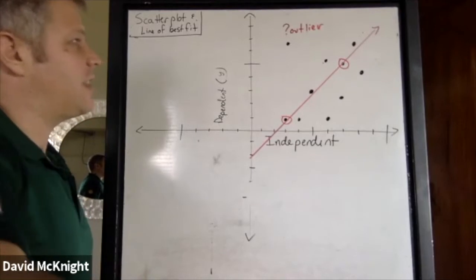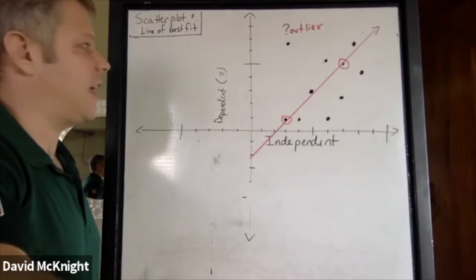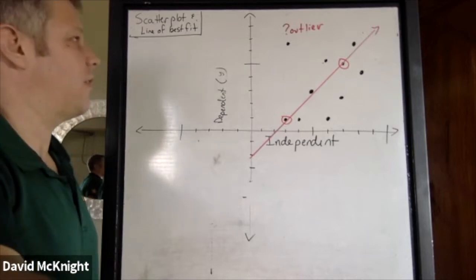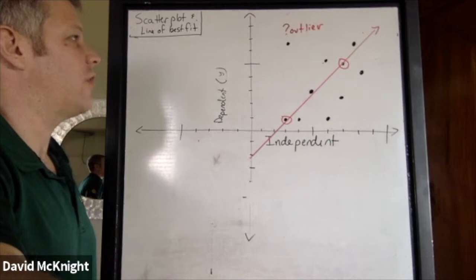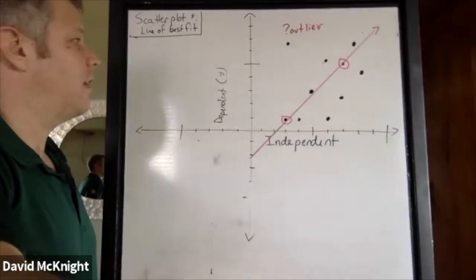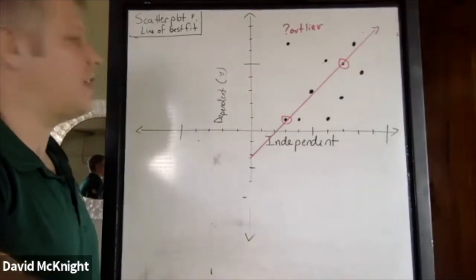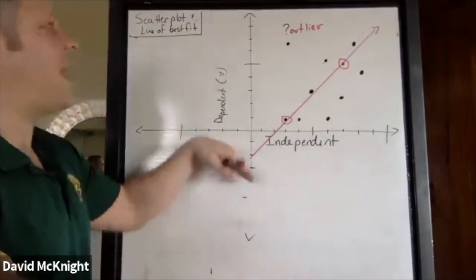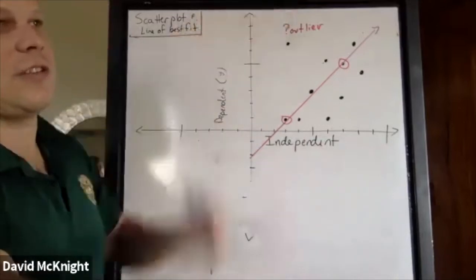So the next step is to make an equation for this line of best fit, or the function. Now, you're going to be comparing height and weight. As height increases, so that is the independent variable, the weight is also going to increase.